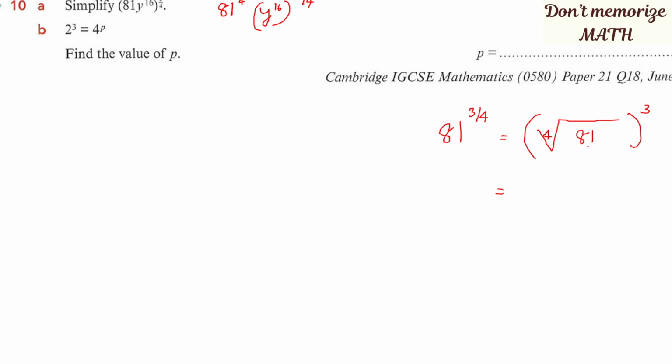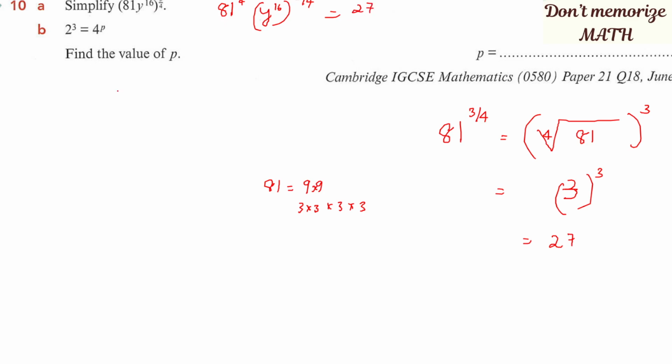It is the fourth root of 81, and the numerator you can take as a common power. Which number, multiplied 4 times, gives 81? Think of 81 as 9 times 9, and 9 is 3 times 3, so 3 multiplied 4 times gives 81. So the fourth root of 81 is 3. Then we have power 3: 3 power 3, 3 times 3 is 9, 9 times 3 is 27.